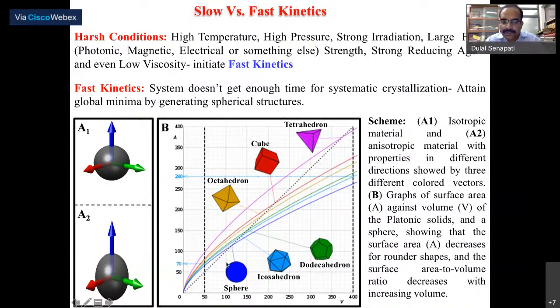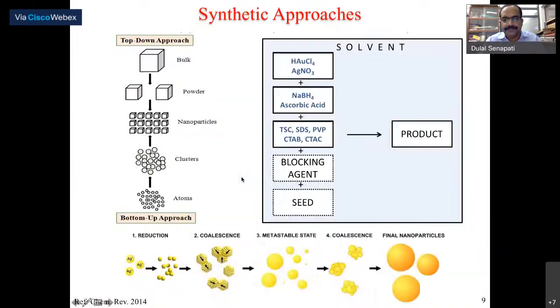The sphere has the lowest surface to volume ratio, whereas the tetrahedron has the highest surface to volume ratio. That means the tetrahedron has the maximum exposed surface area, and as more surface area is exposed per volume, the reactivity is also the maximum. Those things I will come to later.